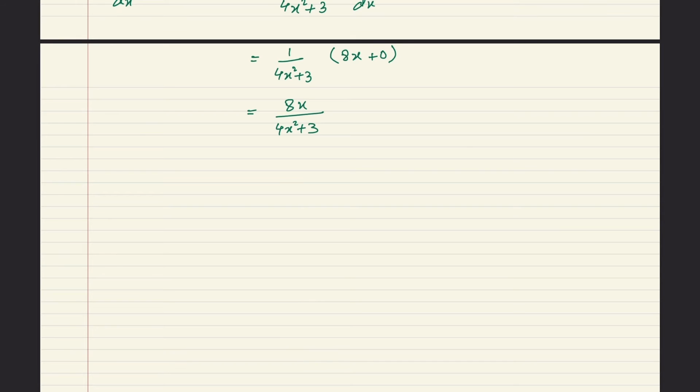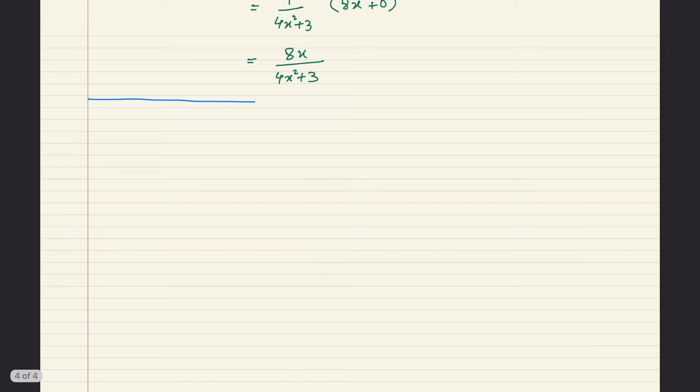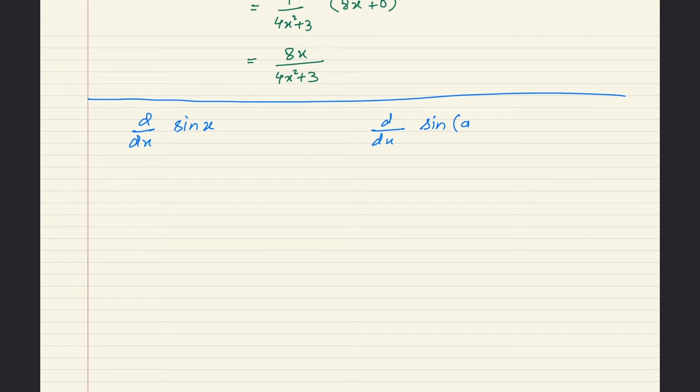And then I'm just going to quickly move on to the derivative of sin x, and then the derivative of sin ax plus b, the extension of this formula. And same here, the derivative of cos x, and then the derivative of tan x, and the derivative of cos ax plus b, and then the derivative of tan ax plus b.